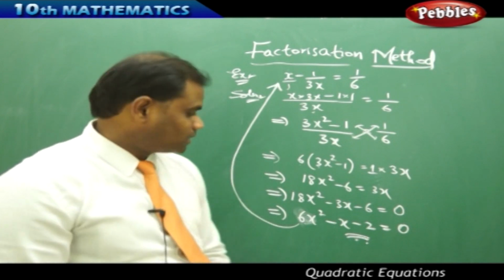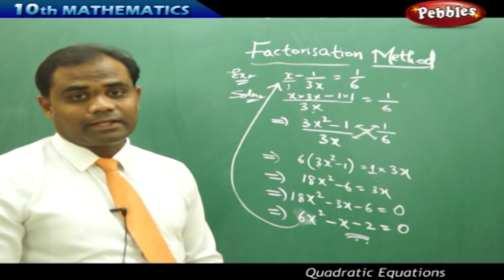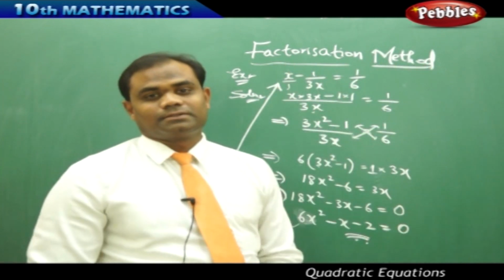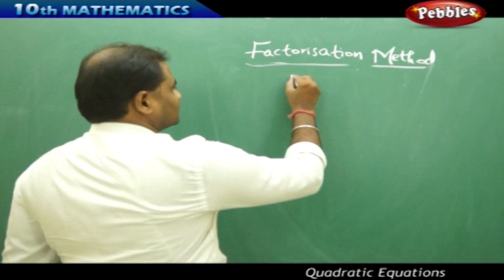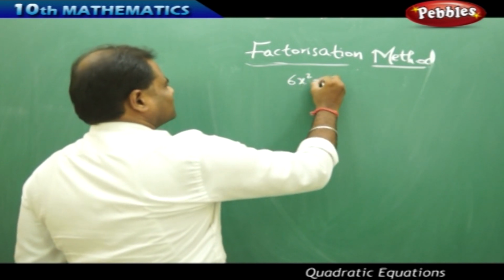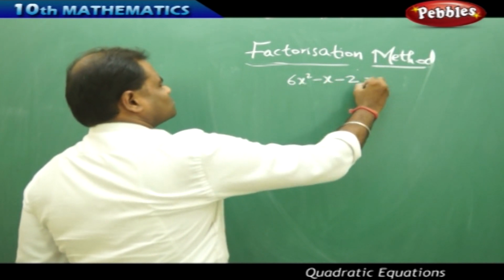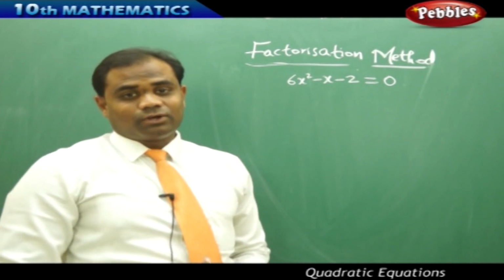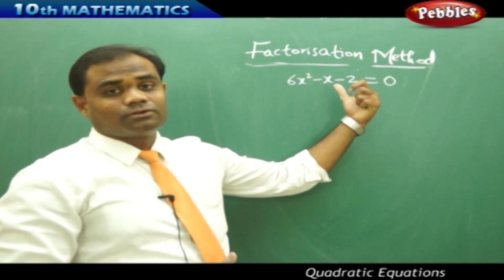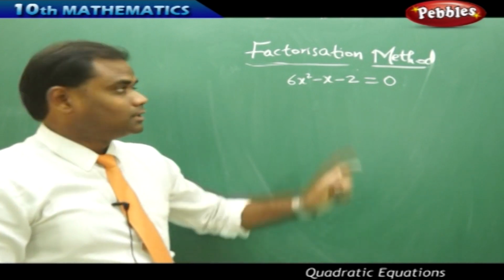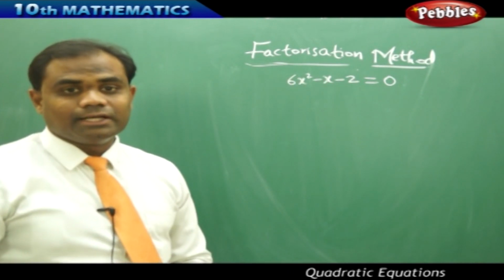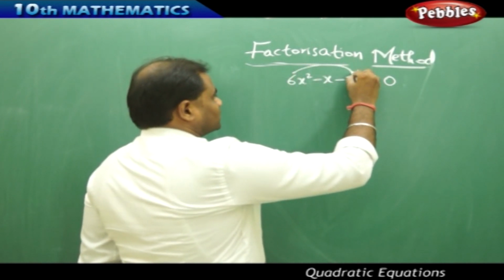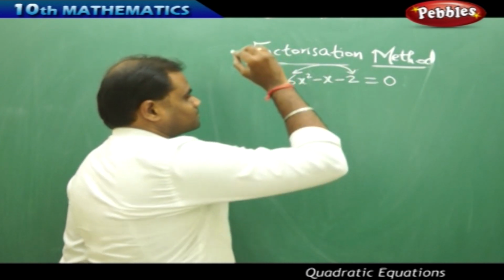So let's see how we can solve the given quadratic equation using the factorization method. The quadratic here is 6x squared minus x minus 2 equal to 0. Now the first rule in finding the factors using the factorization method is that we always multiply the coefficient of x squared with the constant term.